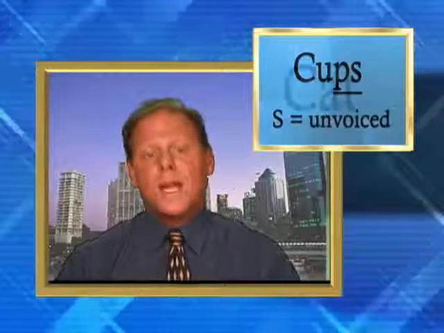I'll show you another word. Cat. Cat ends with an unvoiced T. 1 cat, 2 cats. Again, the S ending is unvoiced. Now this also goes for verbs, like in the verb break. I break. Break ends with an unvoiced K sound.